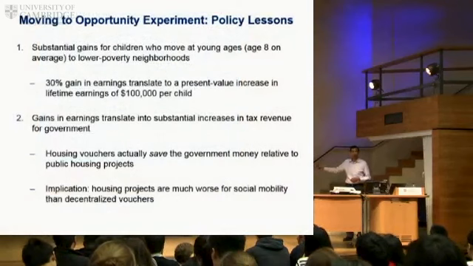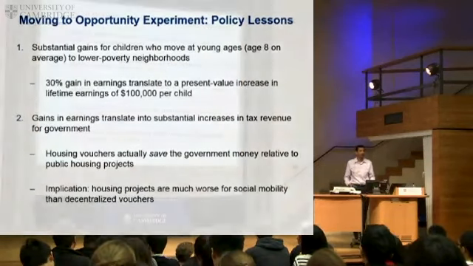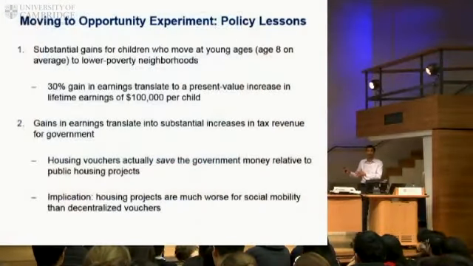So a straightforward and actually quite important policy implication of that is that building housing projects where you concentrate poverty in certain areas is much worse for social mobility than a decentralized approach to affordable housing, where you give people vouchers that they can use to buy houses or rent apartments in various places, which is going to naturally lead to more integration than the type of segregation that the public housing project model follows.